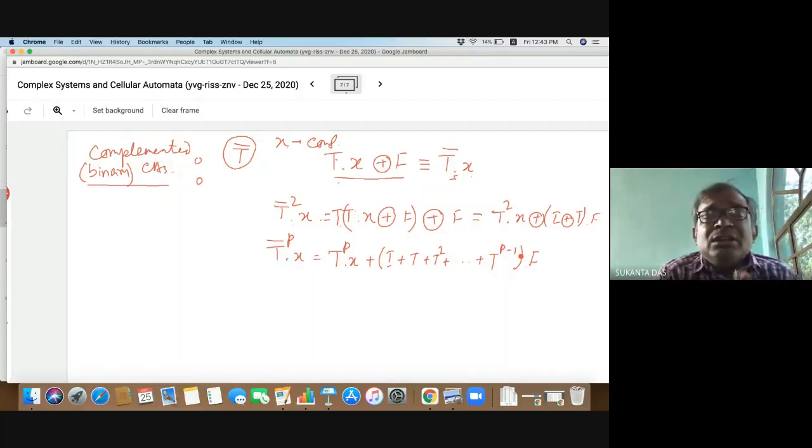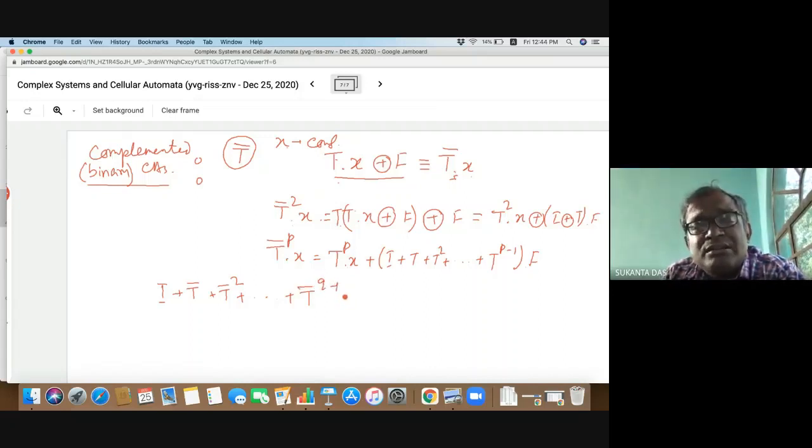Now whether T bar forms a cyclic group or not, it is sufficient to prove that I plus T bar, so to the power Q minus 1, is equal to 0.